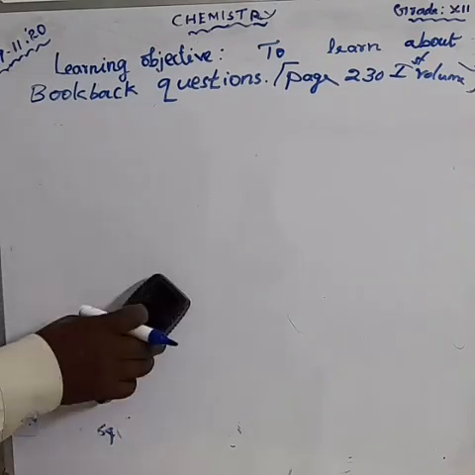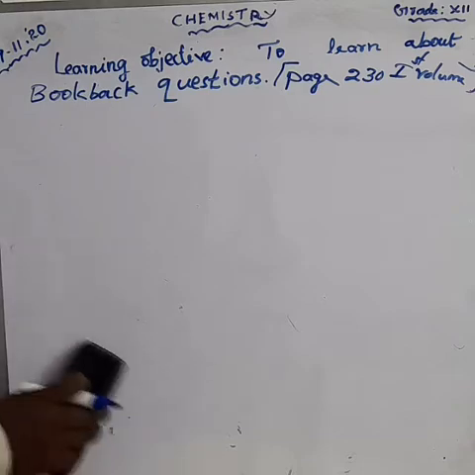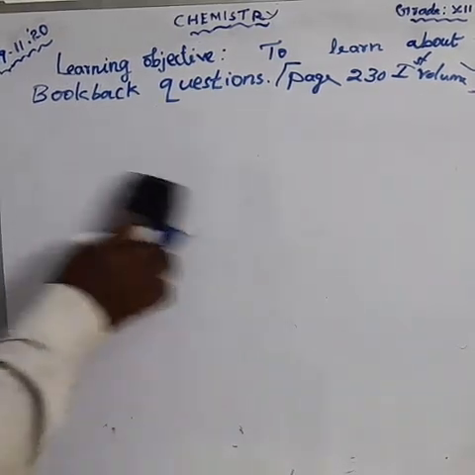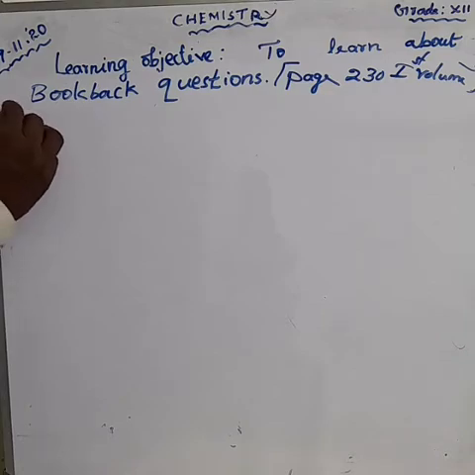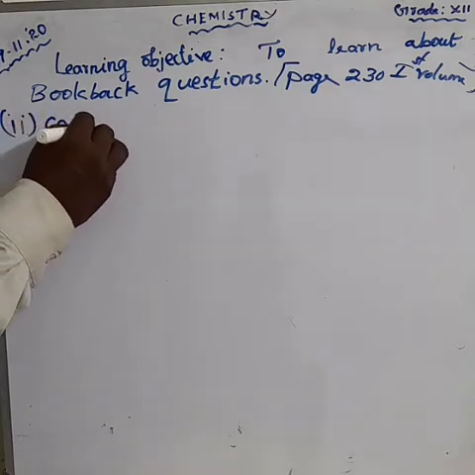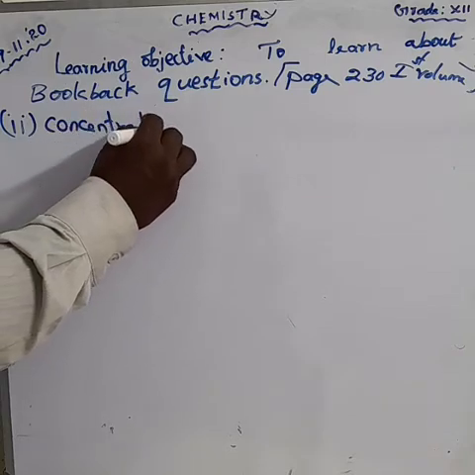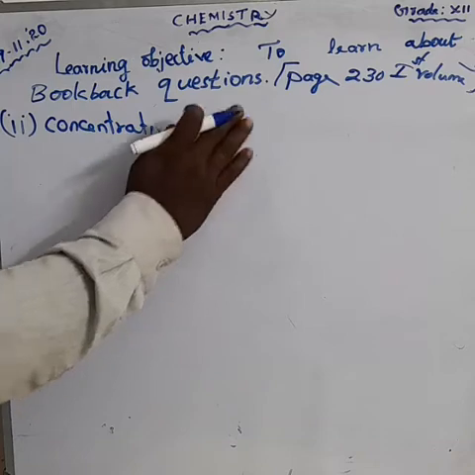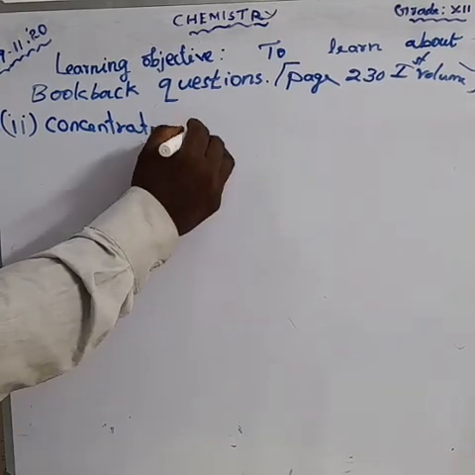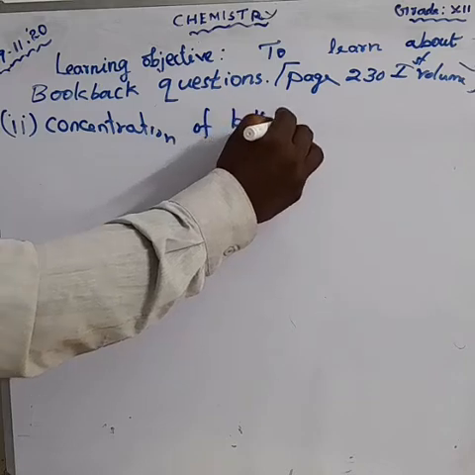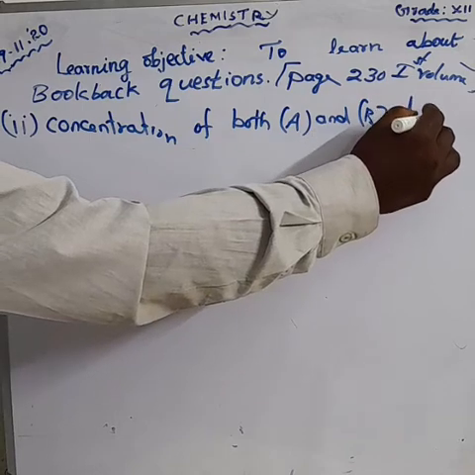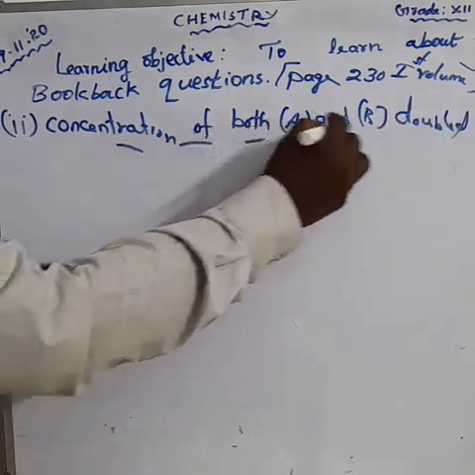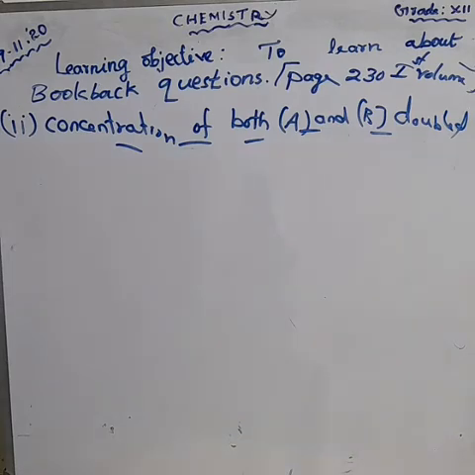Okay, every time you should write the rate formula. That equation is taken as equation number 1. So that is a concentration. The first one is over. The second one, concentration of both A and B doubled. Okay.